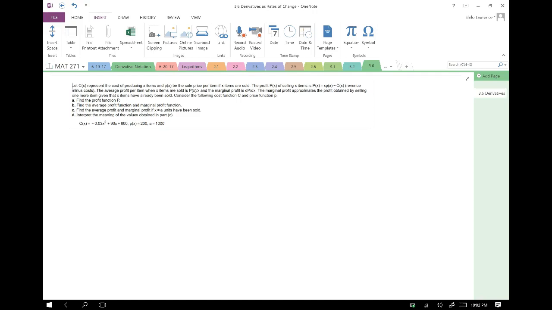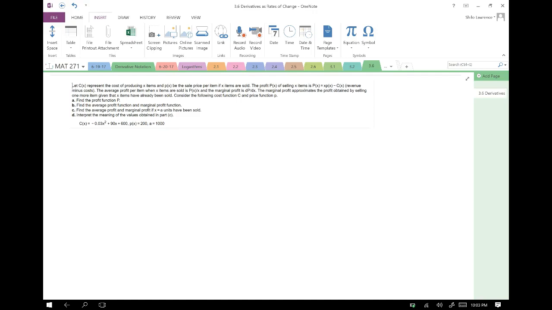So the derivative of the profit function is called marginal profit. The marginal profit approximates the profit obtained by selling one more item, given that X items have already been sold. Consider the following cost function, C, and price function, p. And they've got some things they want us to do.